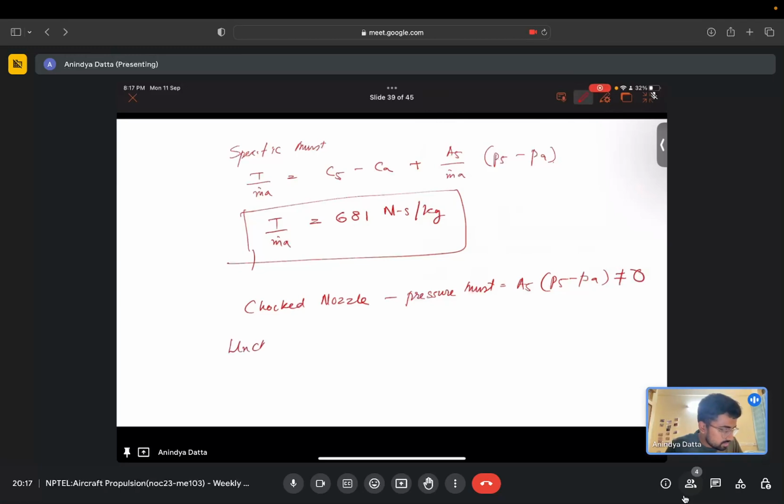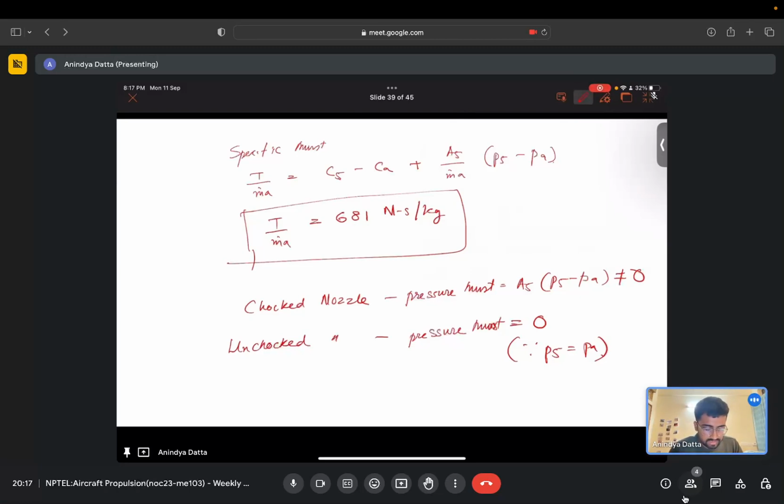If the nozzle is unchoked, pressure thrust is equal to 0, since P5 is equal to Pa. If the nozzle is unchoked, the exit pressure is equal to the ambient pressure, so that's why there is no pressure thrust. If the nozzle is choked, the exit pressure is equal to the critical pressure, which is greater than the ambient pressure, that's why we get a pressure thrust. So that's what we see in the problem here.